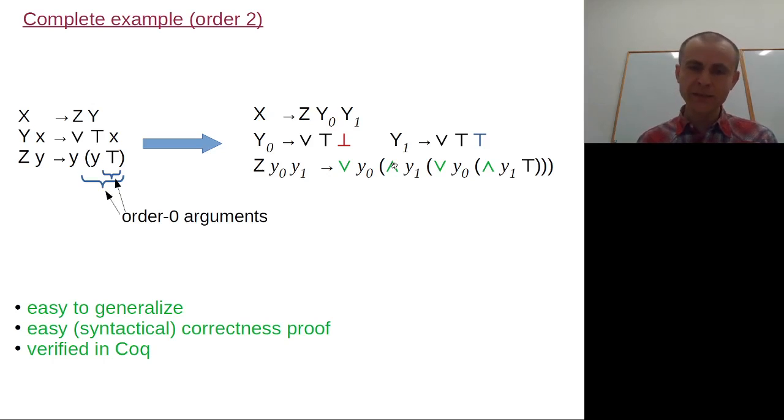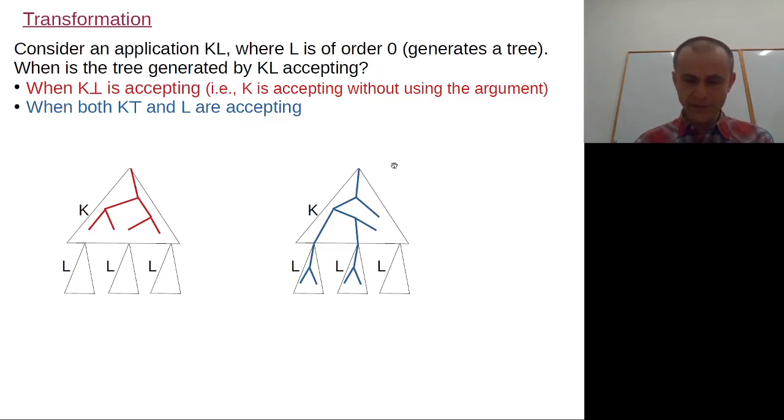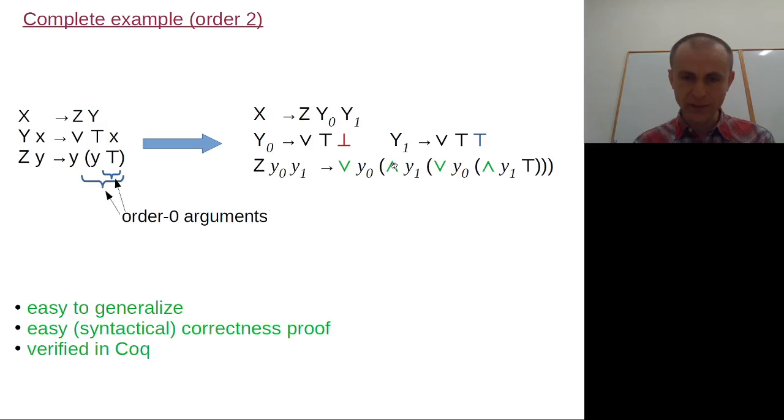In the paper there is a formal definition of this transformation. There is also a correctness proof, which is purely syntactical. We just have to show that this transformation of grammars results in the transformation of trees presented here, that this tree is transformed into this tree, and it's easy to see that this new tree is equivalent in the sense of reachability.